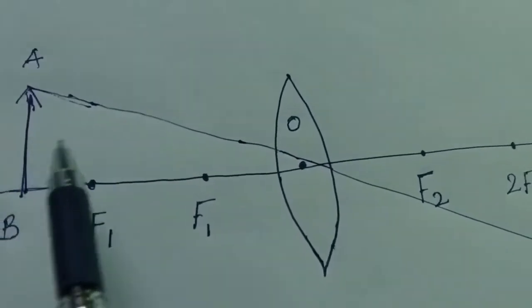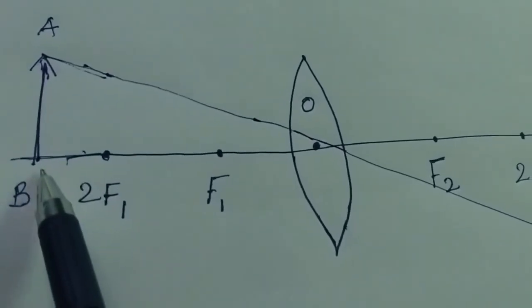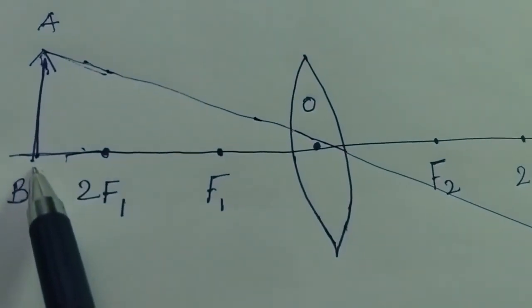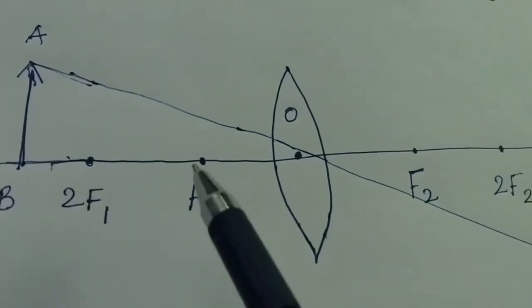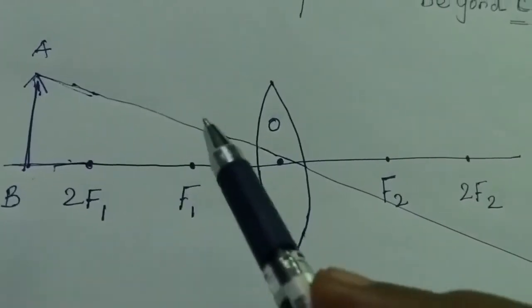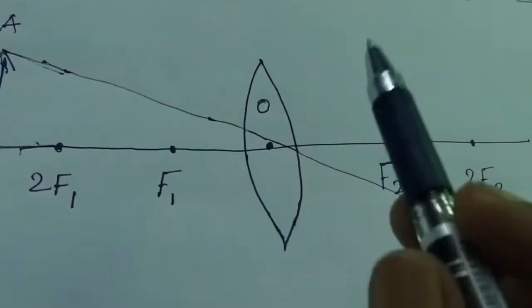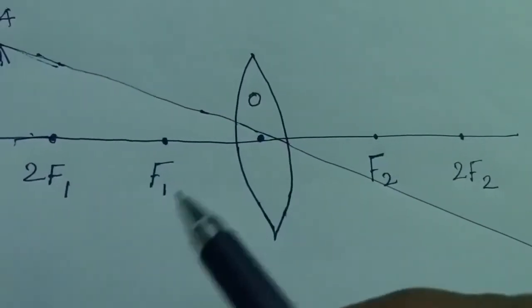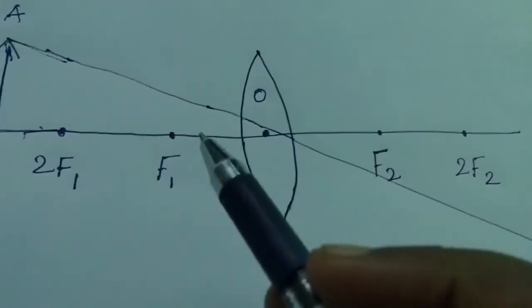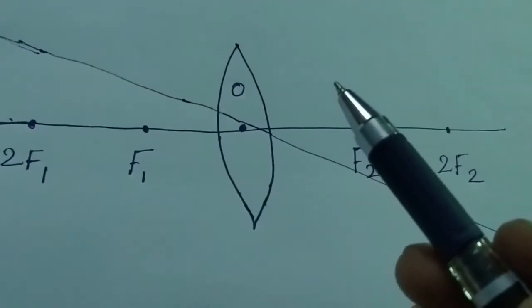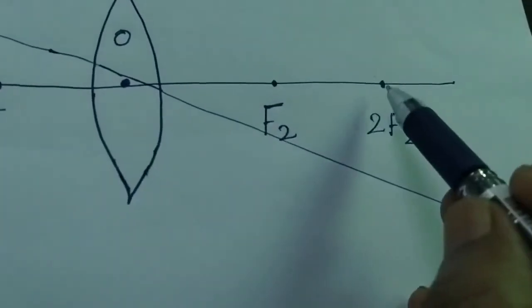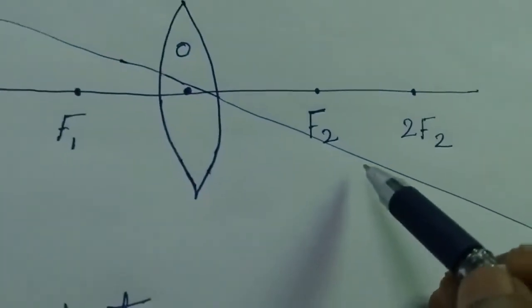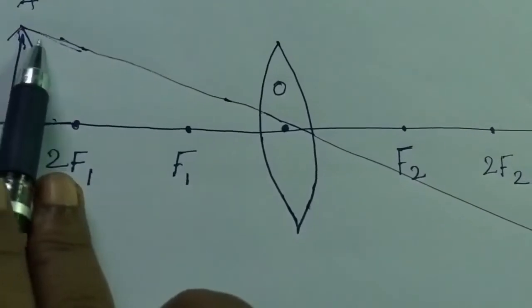When an object is placed beyond C, the real and inverted image is formed between the center of curvature and the principal focus. So here we finished our first rule.